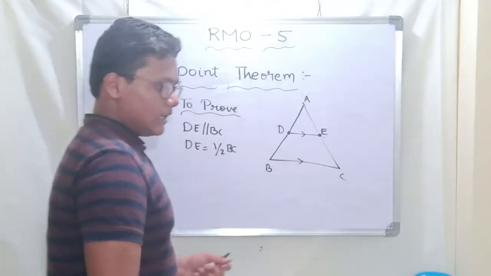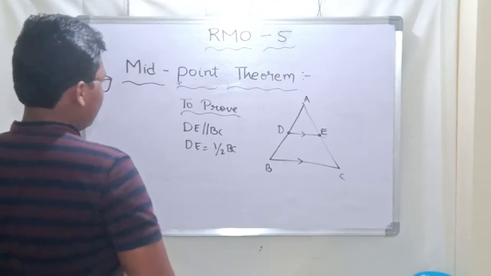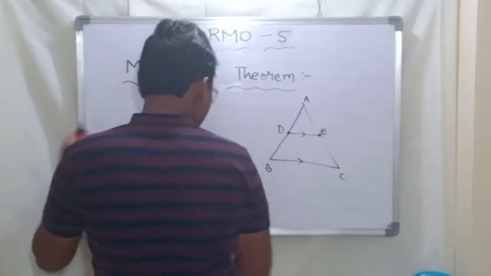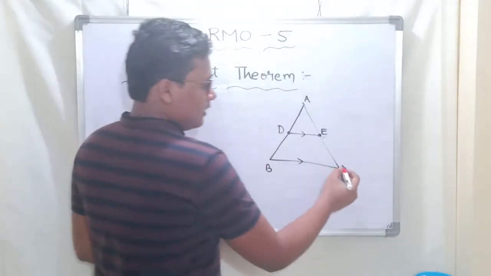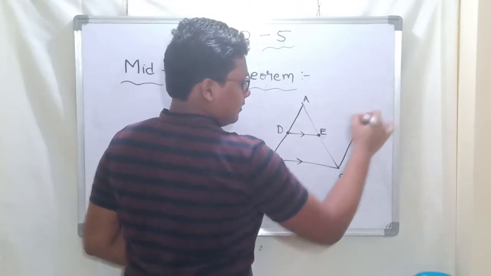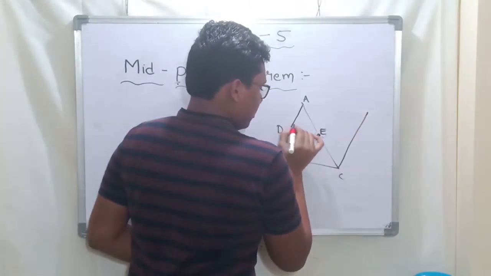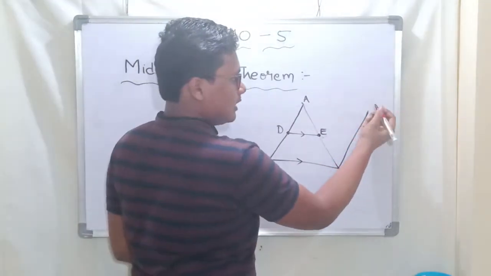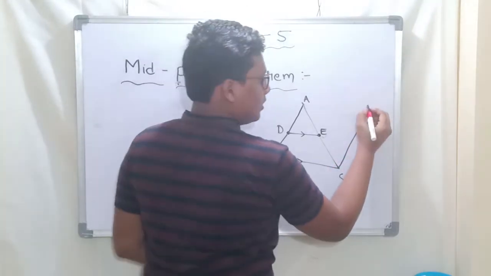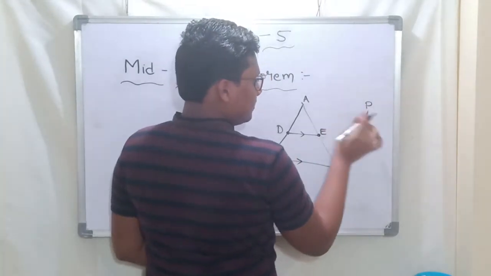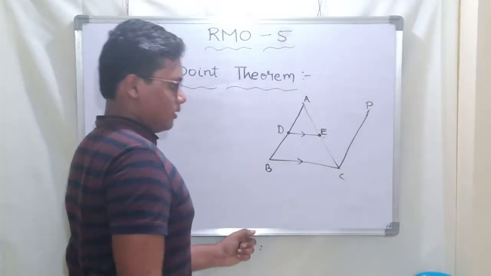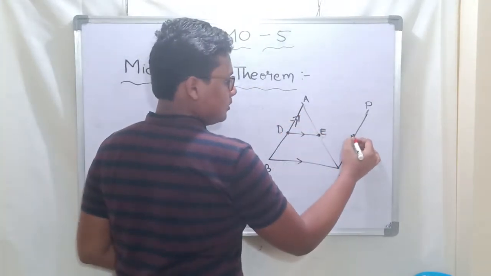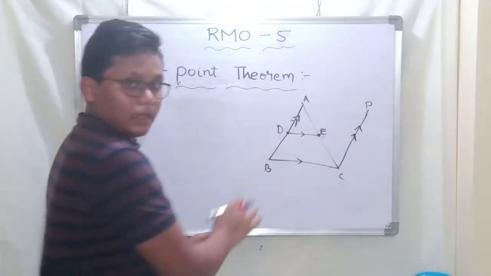I'll explain the proof. To prove that, we will take a parallel line through C. We take a point P, so CP is parallel to AB.